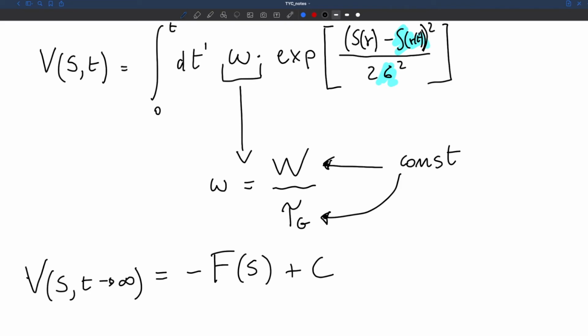Now, this is really practical because if we can afford to run a simulation for a sufficiently long time, such that it can explore all the relevant metastable states projected in S, we basically get out an estimate of the free energy surface projected along those collective variables, along S.